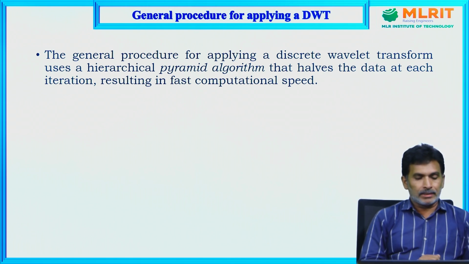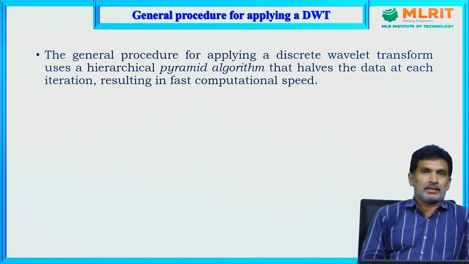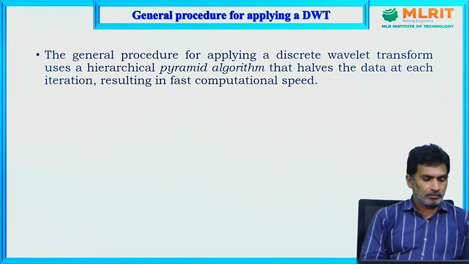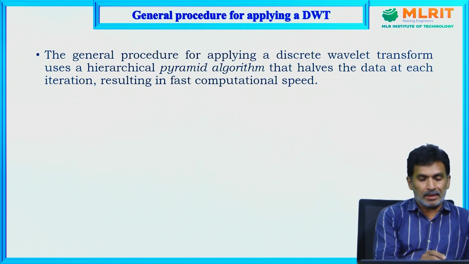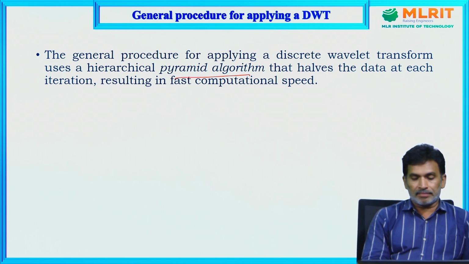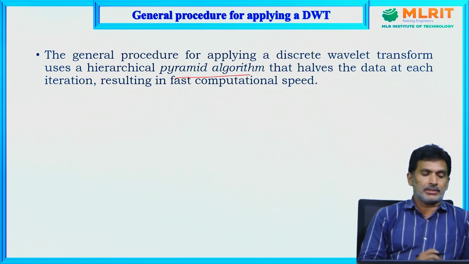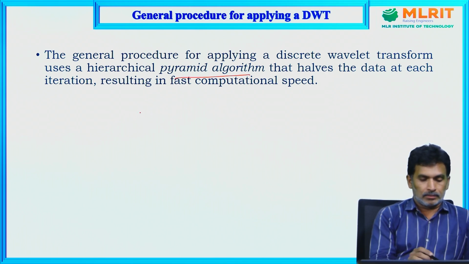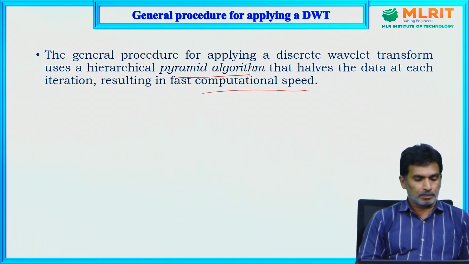If you look at the general procedure for applying a discrete wavelet transform, it uses a hierarchical pyramid algorithm that halves the data at each iteration so that fast computational speed is achieved.